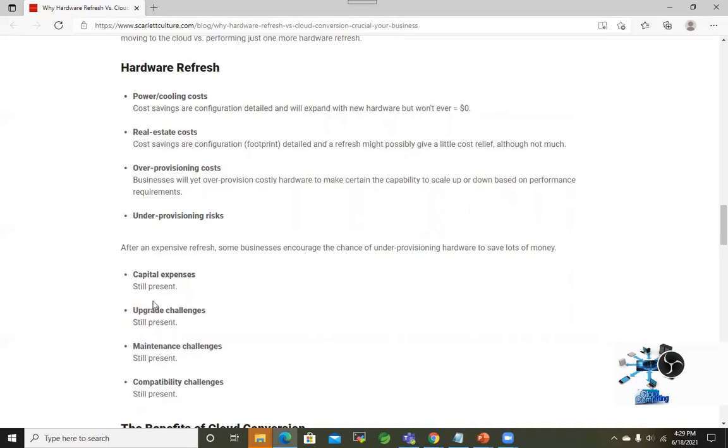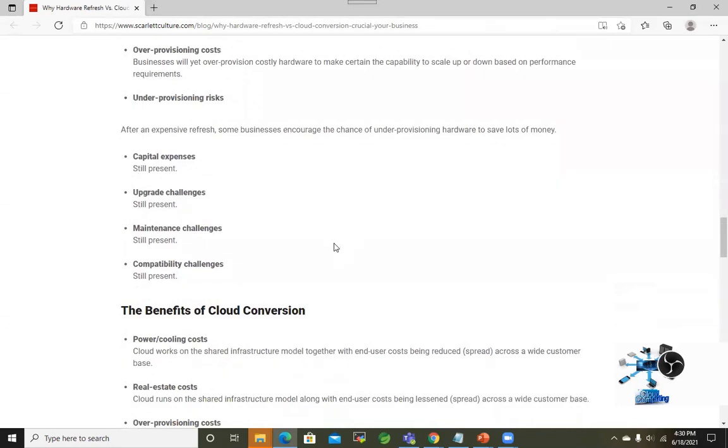Because refreshing is not always an option, at some point we have to decommission the hardware. Decommissioning means you are throwing it away and buying a new box. So all of these headaches are there if you maintain a data center.